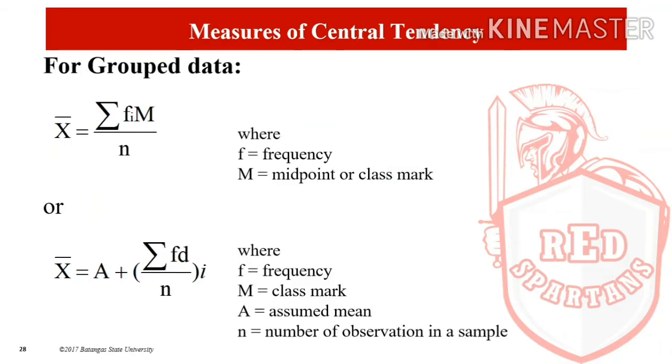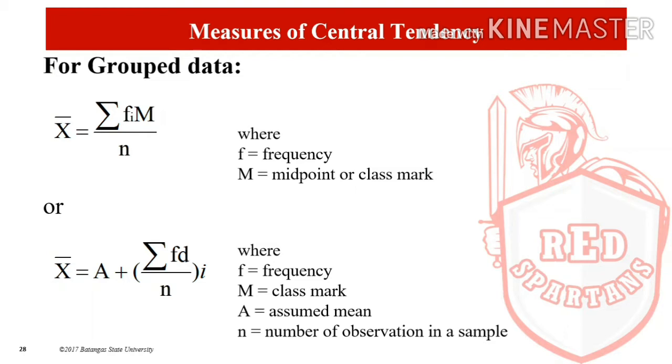So, paano ba natin makuha yung mean kapag grouped data? So, meron tayong dalawang formula. Yung una, x bar is equal to summation of f sub i times m over n, where f sub i are the frequency times m, which is the midpoint or class mark.